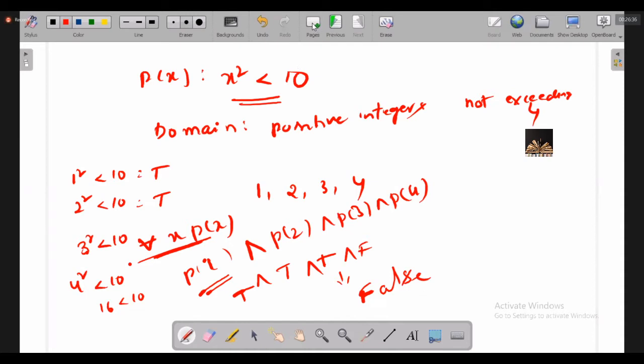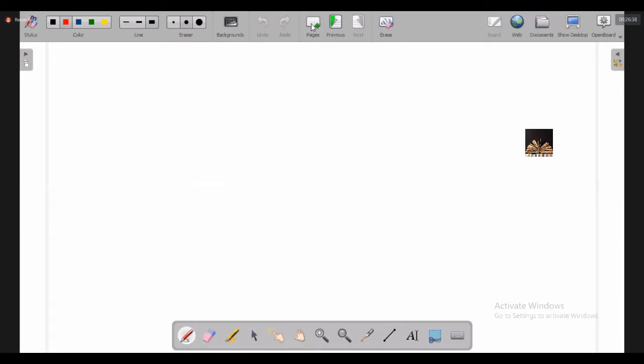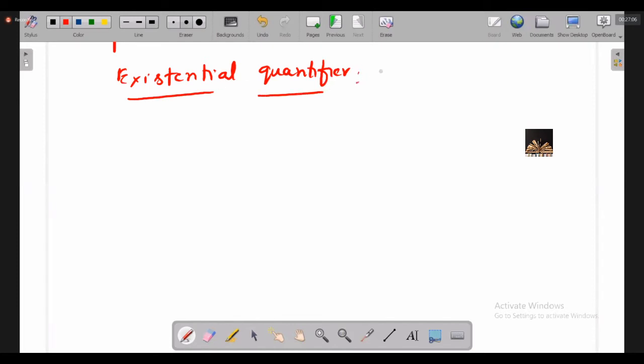Next, okay, universal quantifier. The universal quantifier is true when P of x is true for all possible values of x. Next one is the existential quantifier. The existential quantifier indicates not all, but some of the values, a few of the variables. If a few are true, it is true.